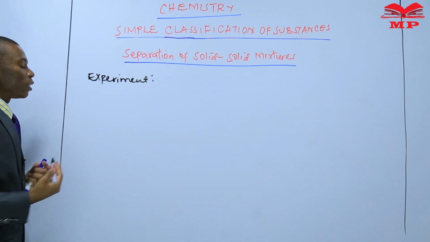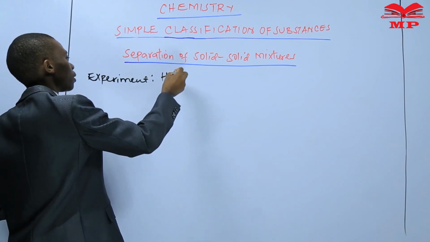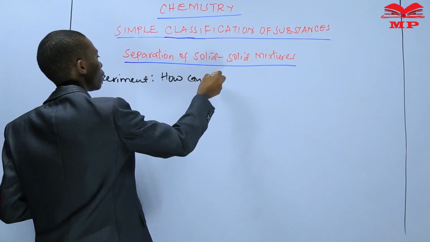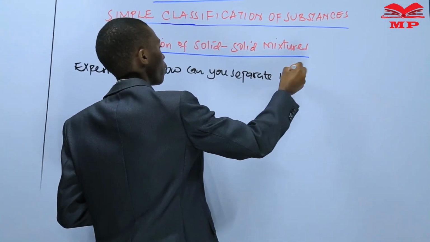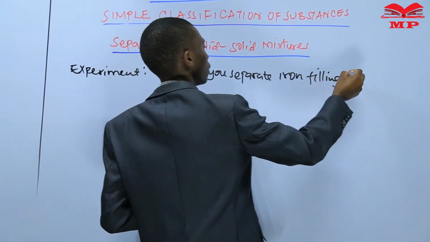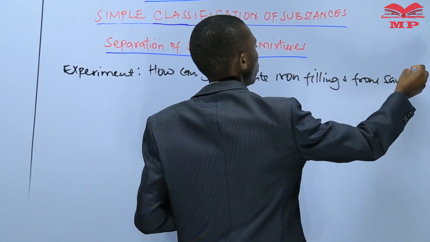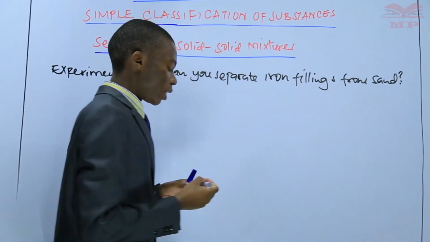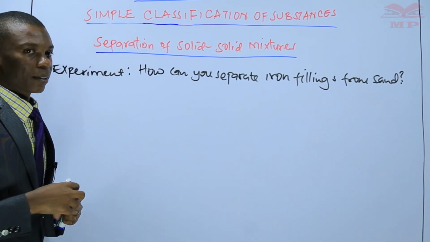The aim of this experiment is how can you separate iron filings from sand? How can you separate a mixture of iron filings and sand?